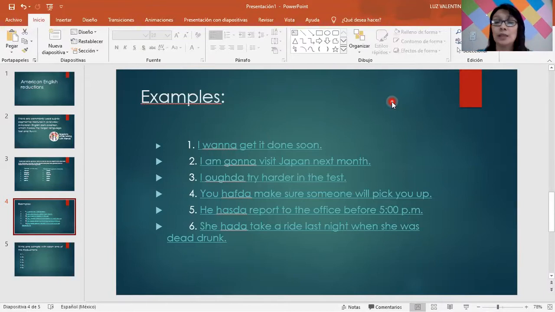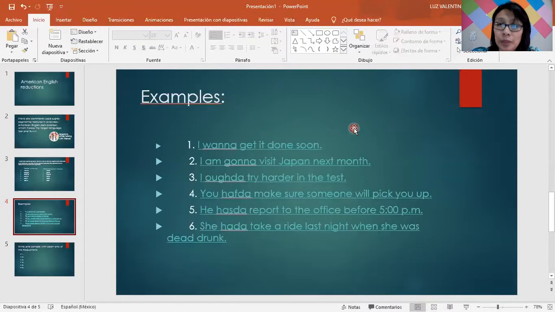For example, listen, number one says, I wanna get it done soon. And if we did it in the other way, it would be, I want to get it done soon. We are eliminating sounds, specifically the T sound. Number two, I'm gonna visit Japan next month.